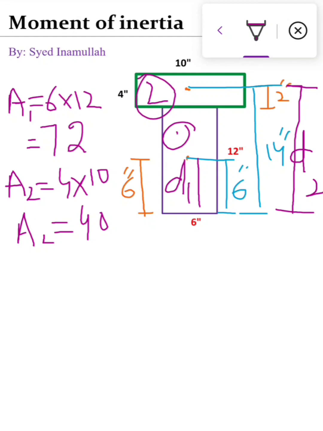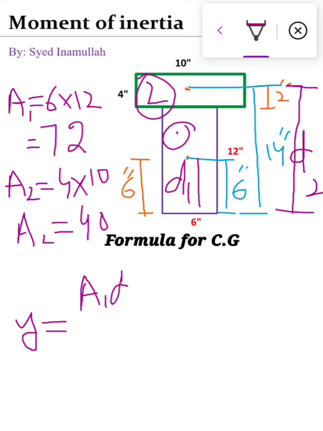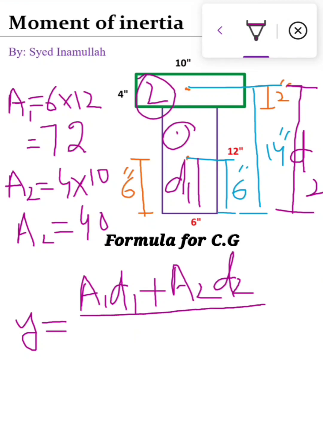Now I will write the formula for the center of gravity from the reference axis for both combined figures. The formula is y bar equals A1 times d1 plus A2 times d2, divided by A1 plus A2. This is the formula for the center of gravity for the combined figures.